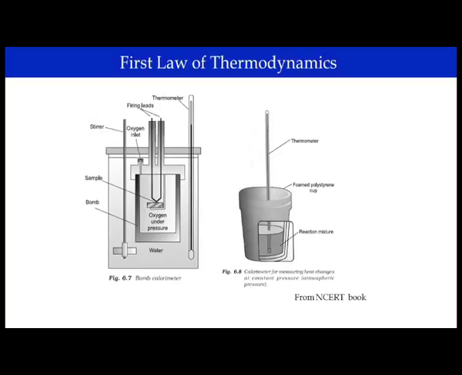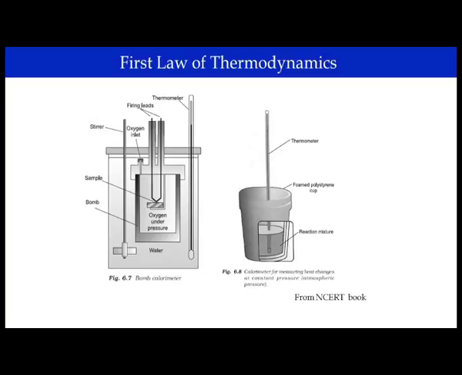Remember, the entire system is kept in an adiabatic condition, so no heat is allowed to go out and come in. Because in this process the volume is kept constant, in a constant volume process we can get the delta U if we know CV of the material.